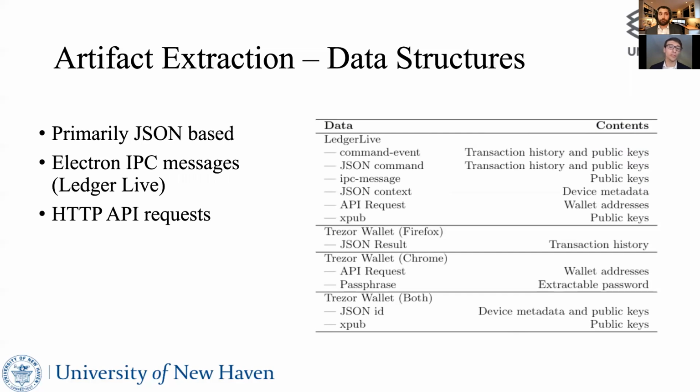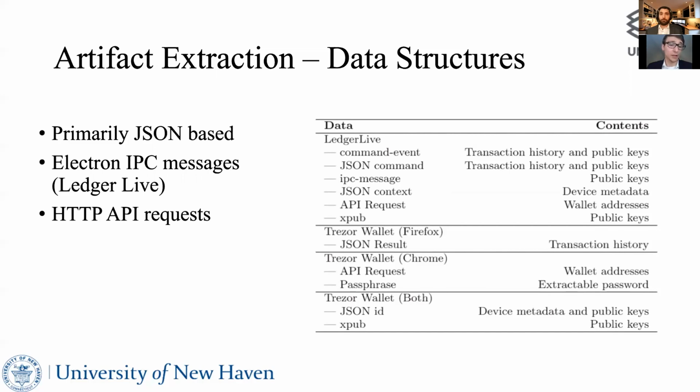Here's a table with an overview of the data structures and their contents that we identified as forensically relevant. Because the two applications that we looked at were both JavaScript based, most of these take the form of JSON dictionaries.